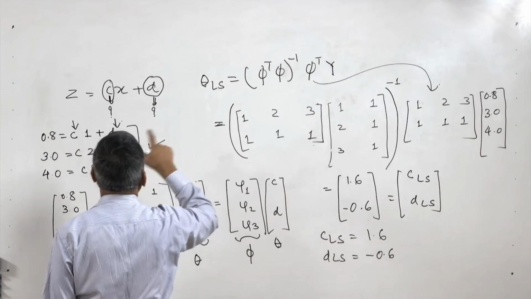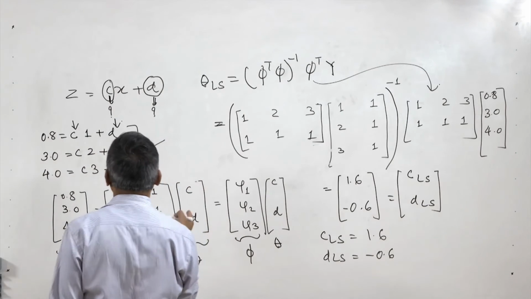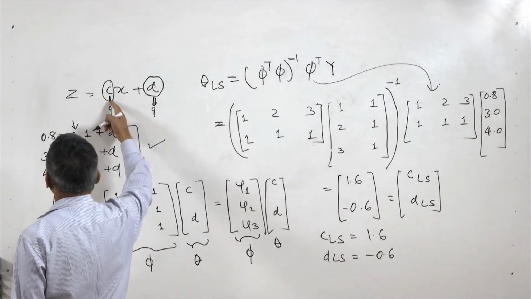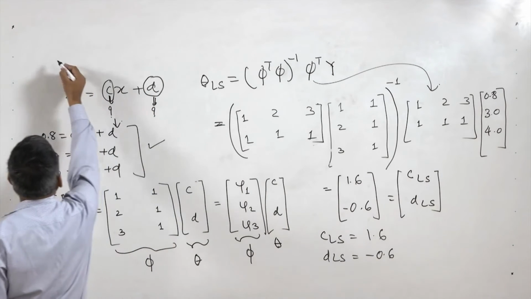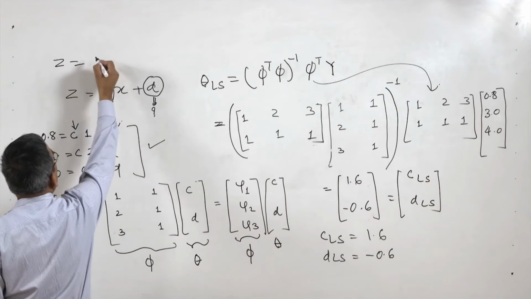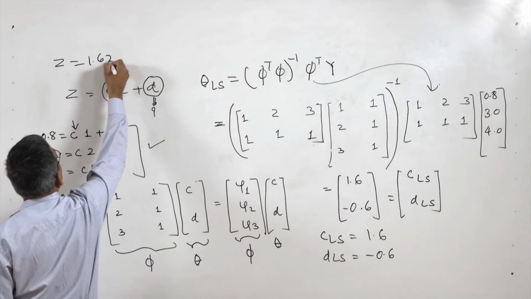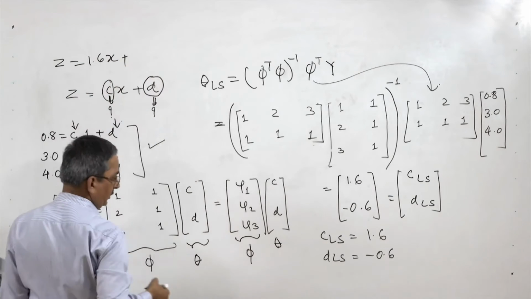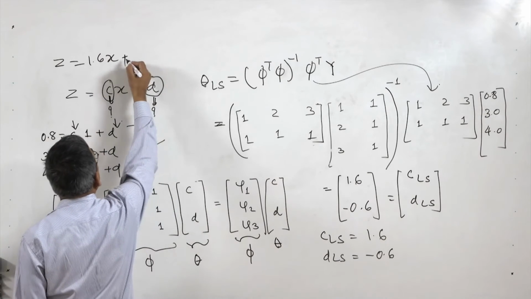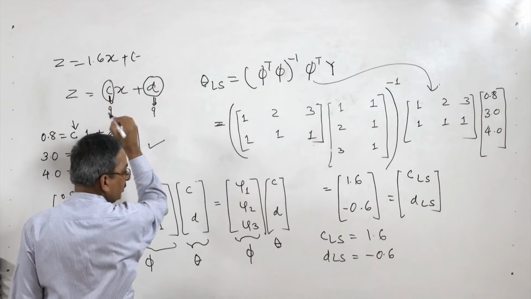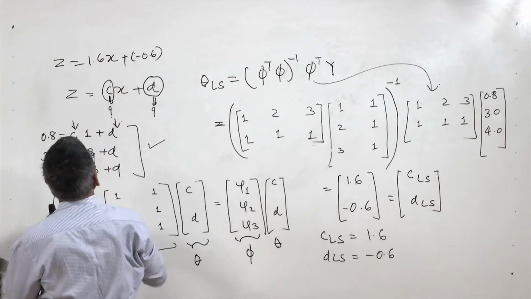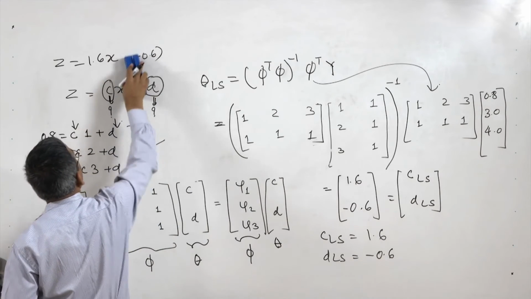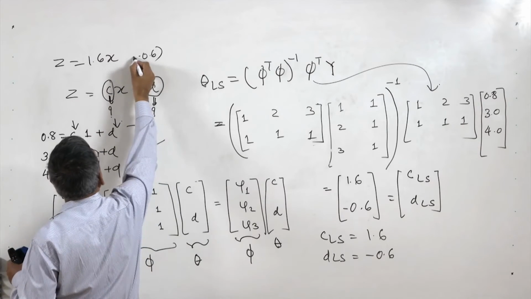So, our general expression, after estimation of these parameters, could be Z is equal to 1.6x minus 0.6.